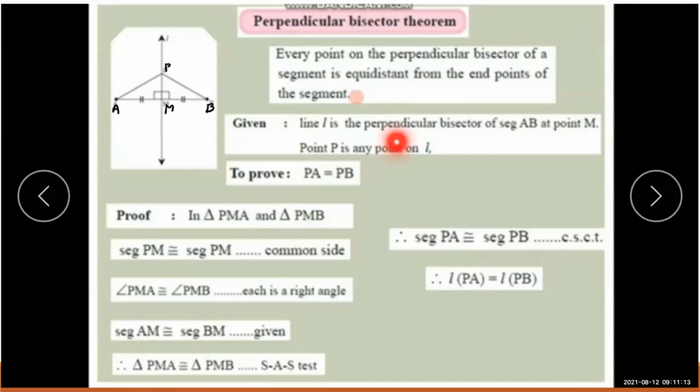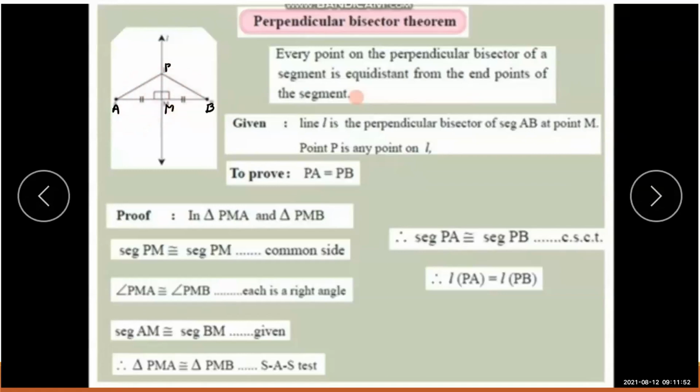That line L is the perpendicular bisector of segment AB. Here you can see AB is the segment and line L is the perpendicular bisector of that segment. And the midpoint of segment AB is point M. Now point P is any point on line L. Now we have to show segment PA congruent to segment PB.